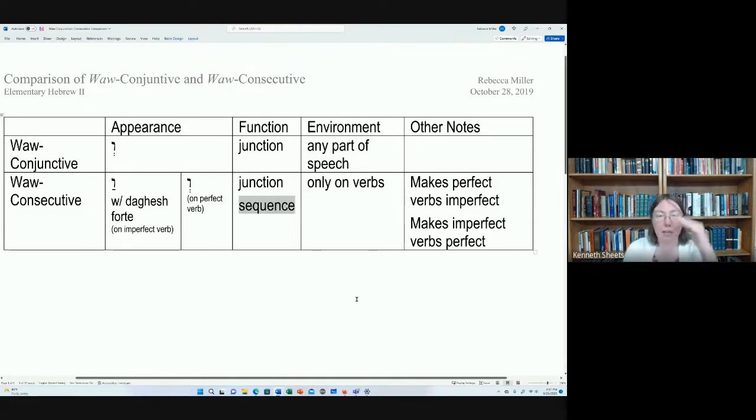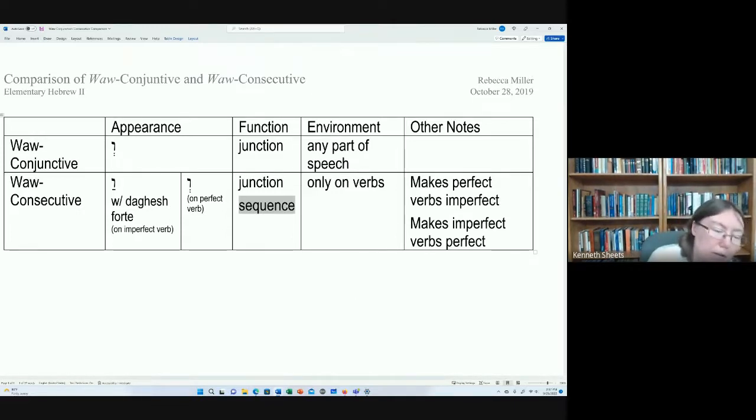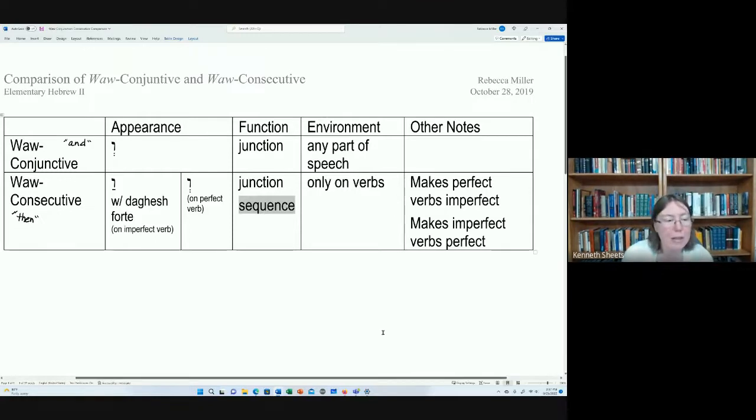So as in this happened, then this happened, then this happened, then this happened. And for this reason, the vav consecutive, you will see me translate it as "then," whereas the vav conjunctive, which indicates simple juncture, I'll translate as "and." So that is what this vav consecutive does. It indicates sequence. This happened, then this happened, then this happened, then this happened.